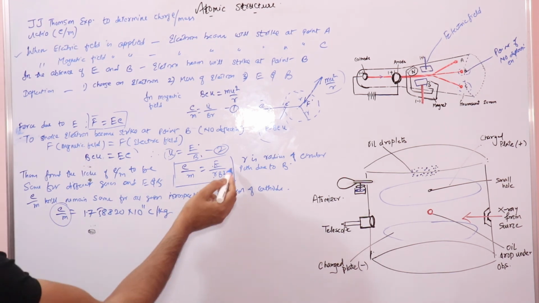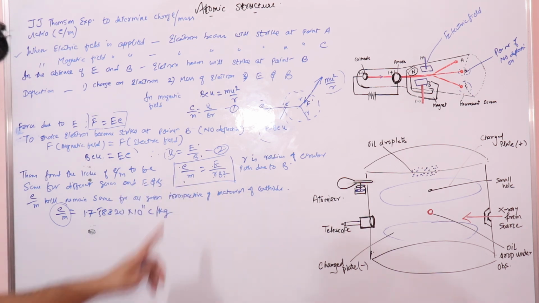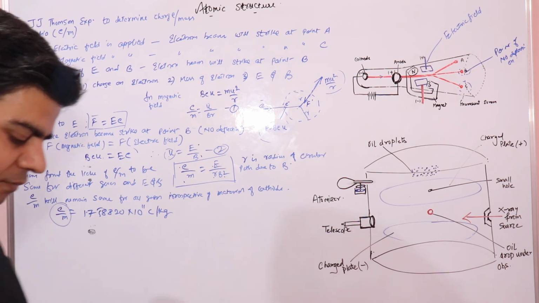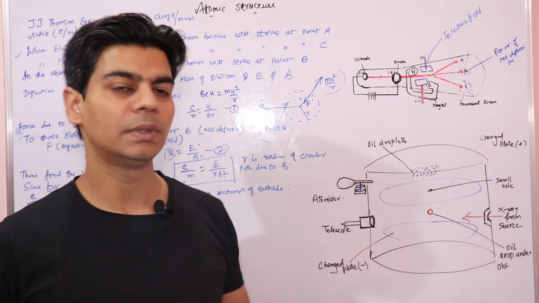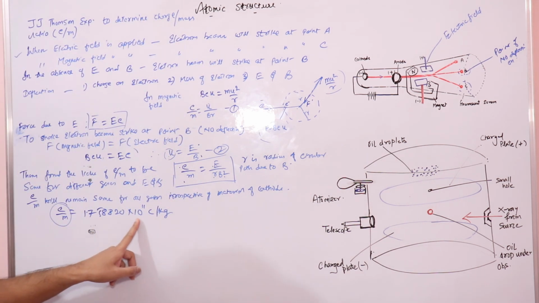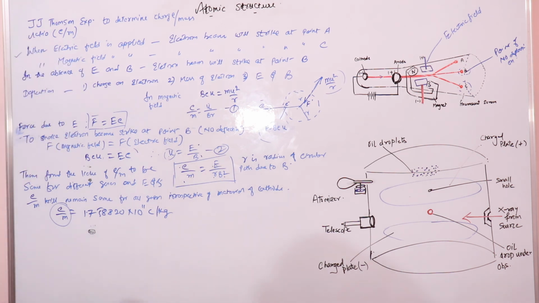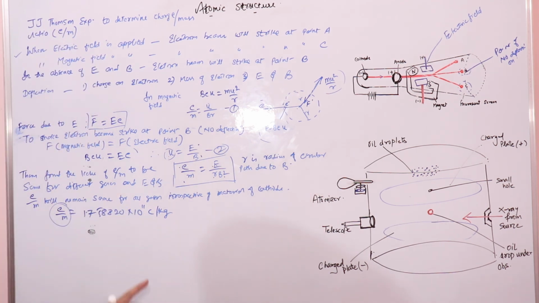And from here we get the ratio e upon m, and this ratio e upon m is found same for all samples of gases irrespective of the material of the cathode, which is 1.758820 into 10 to the power of 11 coulomb per gram. And this e upon m remains same for electrons, right?